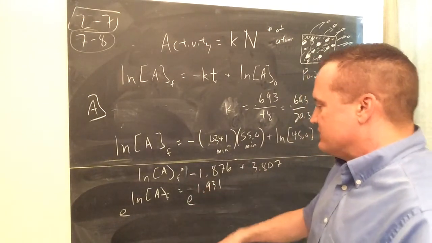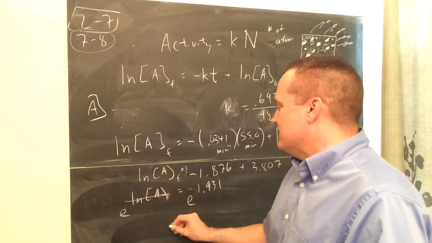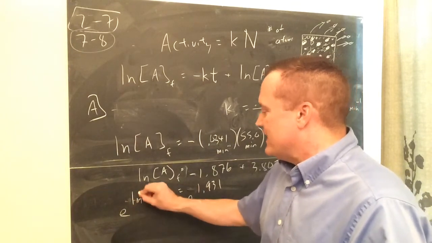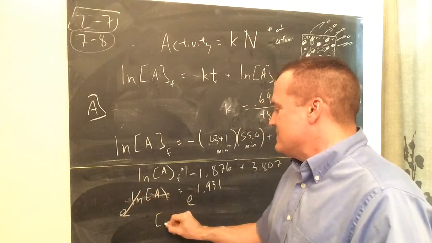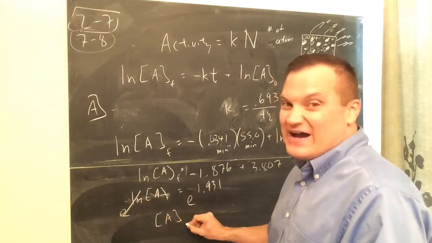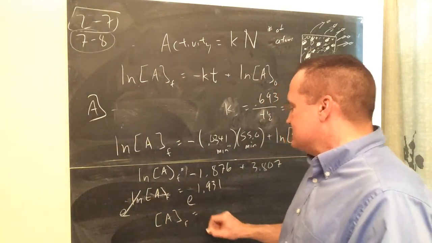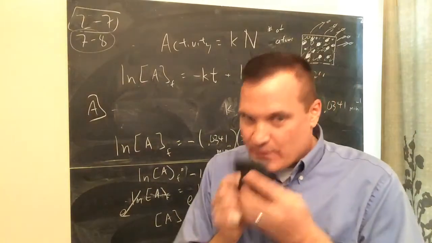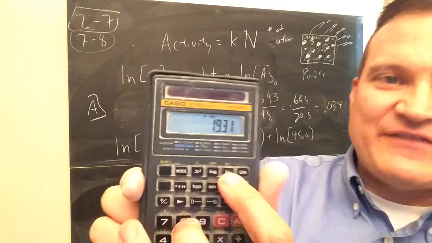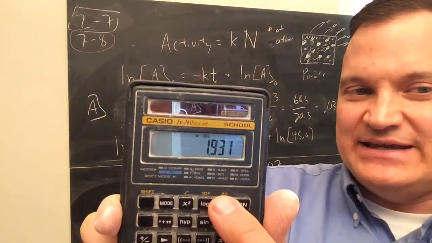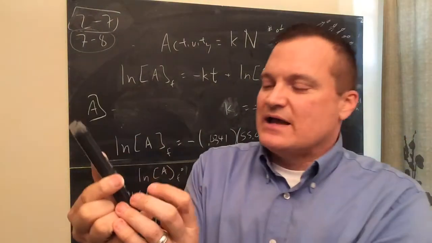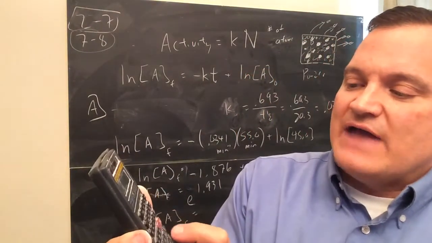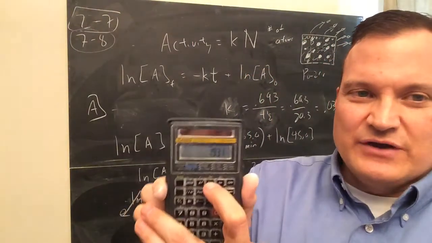This cancels out the ln, and so now A, the final grams or final molarity, if you want to call it molarity, is equal to e raised to that power. So on your calculator, I've got the ln button, but above it, it says e to the x. Remember, like you've done this in a math class, and we'll be doing it in here later, log, if you push log, you get a number.